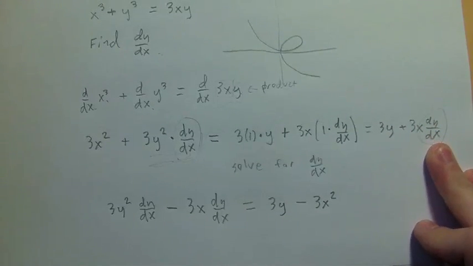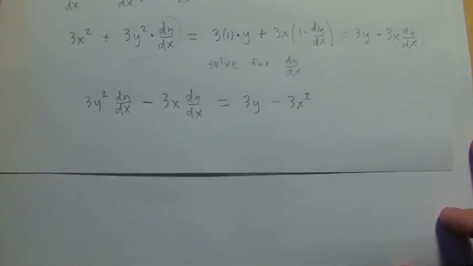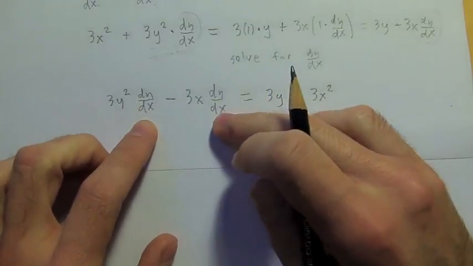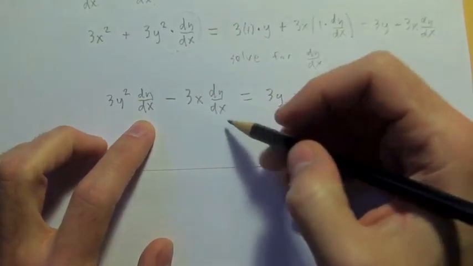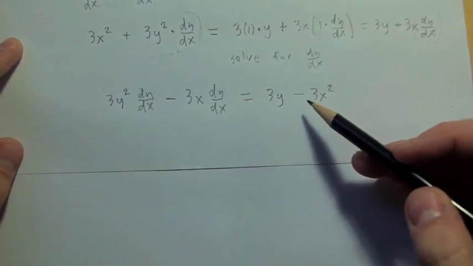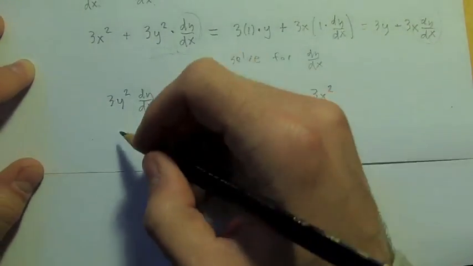Okay, so now that I have all my dy dx's on one side and everything else on the other, I'm going to factor out this dy dx, right? That's the next piece. We're going to factor that out. And we could actually factor a whole lot more, maybe factor out some 3's, right?